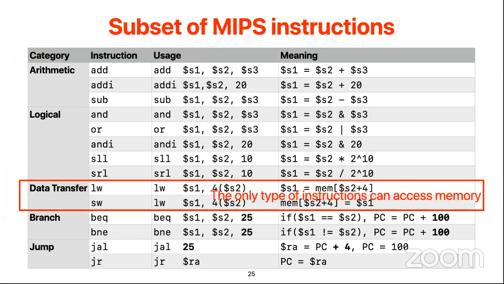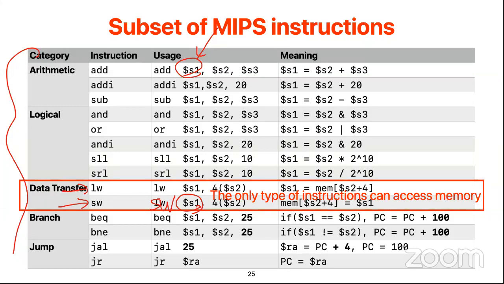However, if you want to access memory, there are only two categories of instructions that allow you to do that: the load instruction and the store instruction. However, for the store instruction, sorry, I have a typo here. For the store instruction, this one is the source, not a target, because for store, you are moving the content from the register to a memory address.